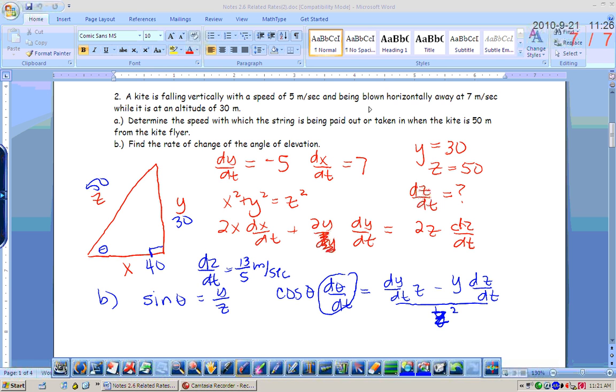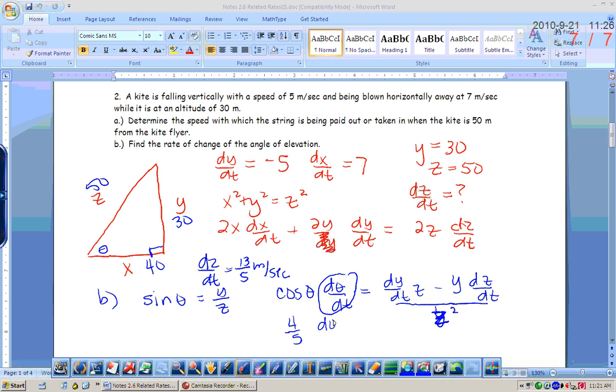This is still at all of these instances right here where x is 40, y is 30, and z is 50. So the cosine of theta at this instant is 40 over 50, or 4 over 5. Okay, go back to trig, where cosine is adjacent over hypotenuse, and the length of the adjacent side is 40, and the hypotenuse is 50.